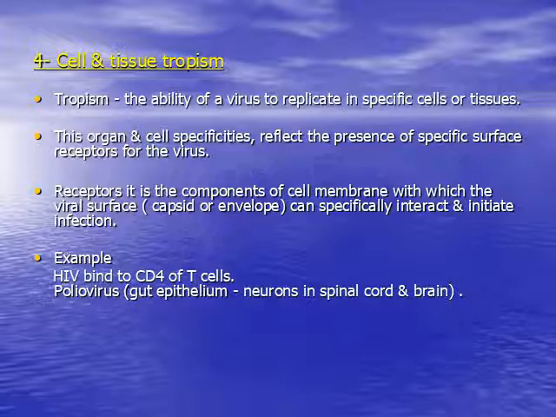Example, HIV binds to CD4 of T cells. Poliovirus binds to gut epithelium, neurons, spinal cord and brain.